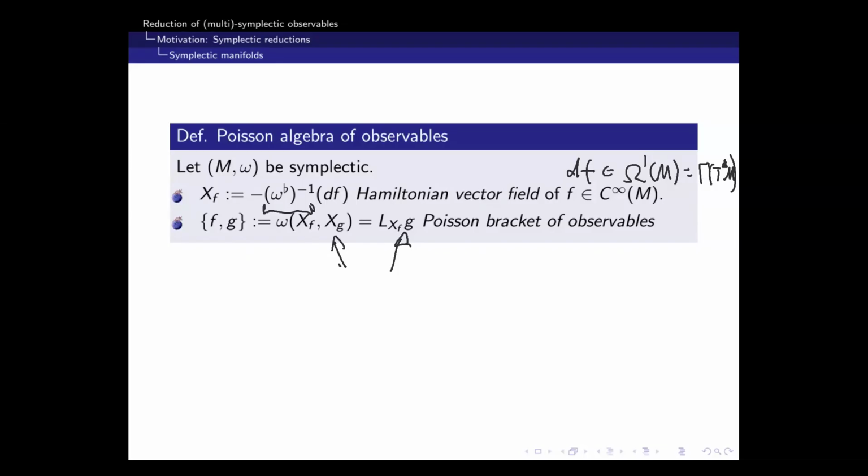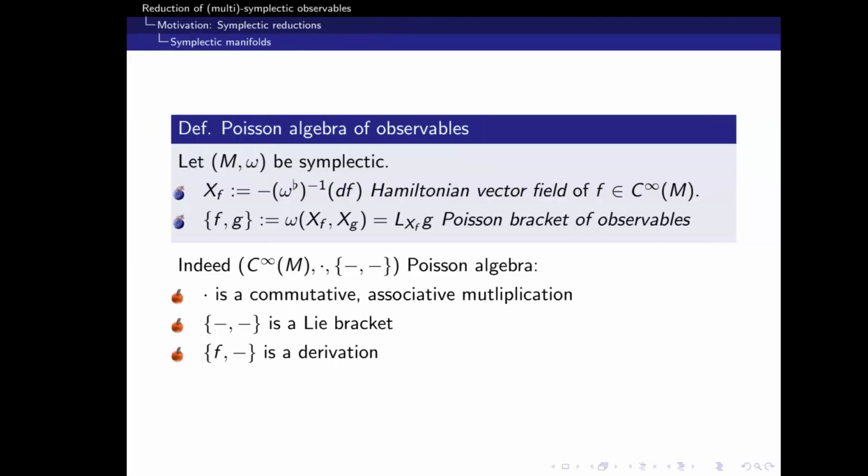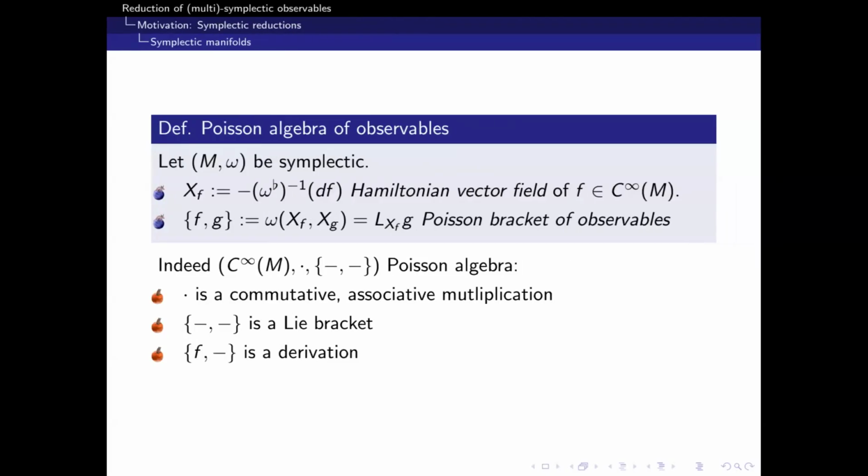However, later when we are in the multisymplectic world, those two formulas will give us two different things. Okay, so the bracket which we just defined on the smooth functions is not just a Lie bracket, it's even a Poisson bracket, meaning that the commutative multiplication is a derivation with respect to the bracket.